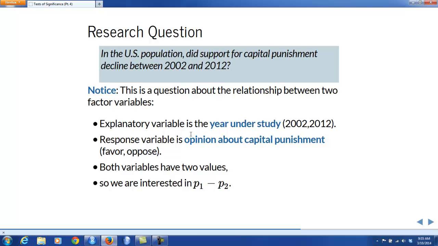The response variable is one's opinion about capital punishment. That's the kapun variable in those data frames. That again is a factor variable with two values, favor and oppose. Since both variables have two values, we can be interested in a difference of population proportions, P1 minus P2, if we set things up right.